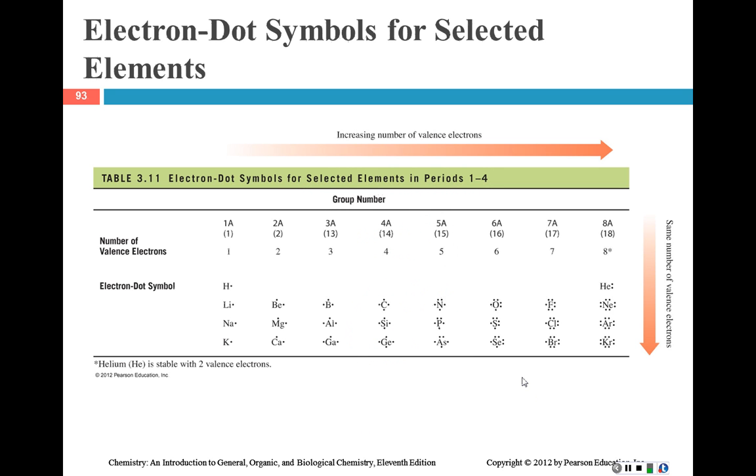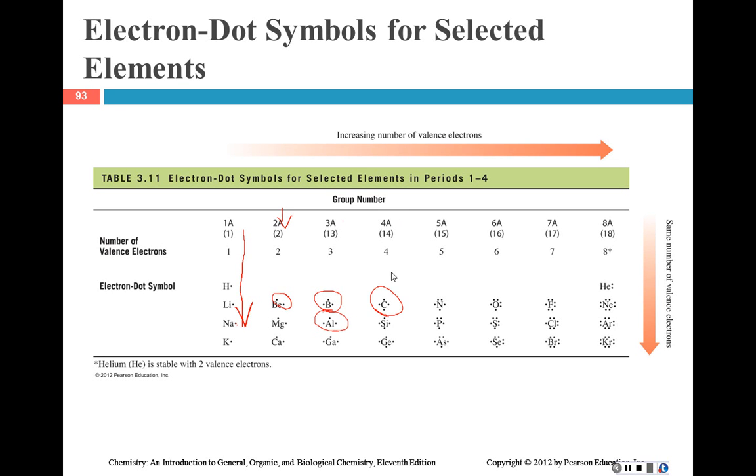And so this is an example of some of these groups where group 1A has 1. So everything in that group is going to have a Lewis dot configuration with just one dot, one electron. 2A will have 2. 3A, remember you've got to go all the way across the transition metals to get to this one, has 3, like aluminum we just saw.